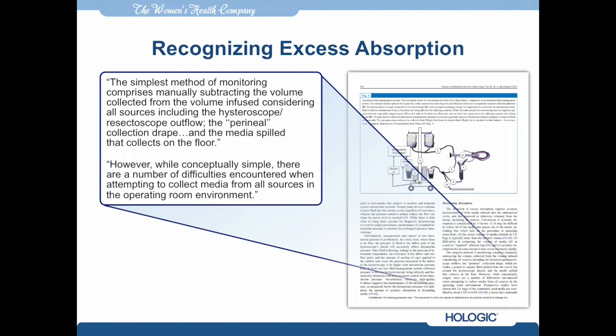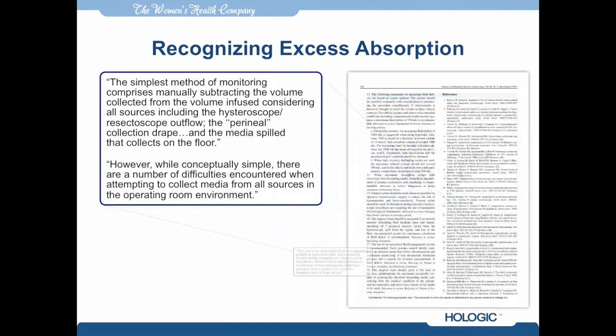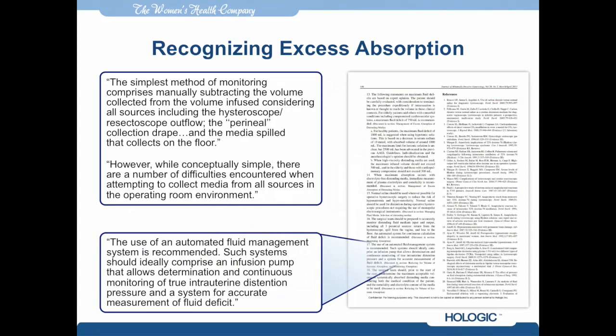Although this seems conceptually simple, there are many difficulties that may be encountered when trying to calculate all the media, and therefore it's best to use an automated fluid management system. This system should ideally comprise an infusion pump that allows determination and continuous monitoring of true intrauterine distension pressure, and a system for accurate measurement of fluid deficit.